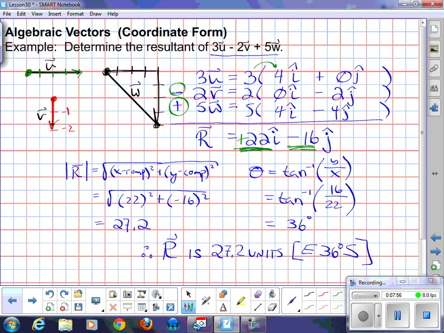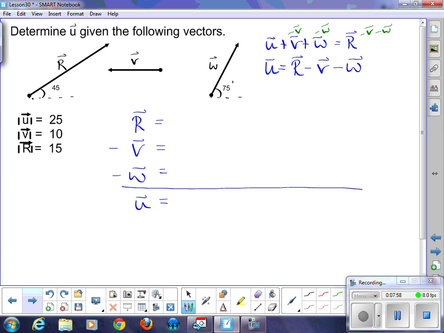The only difference is now we're going to use our component formula that I told you to make sure is on your cheat sheet. So the resultant vector, we're given the magnitude down here. So 15 cos 45 i, and it's to the right and up, so that means it would be plus 15 sine 45 j. So I'm just breaking it into its components.